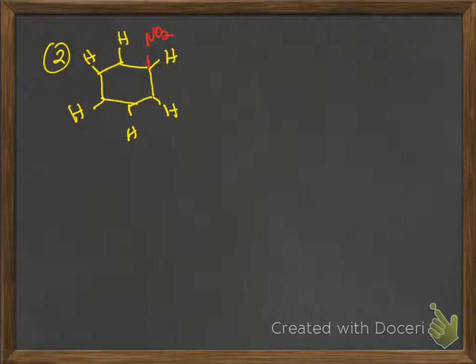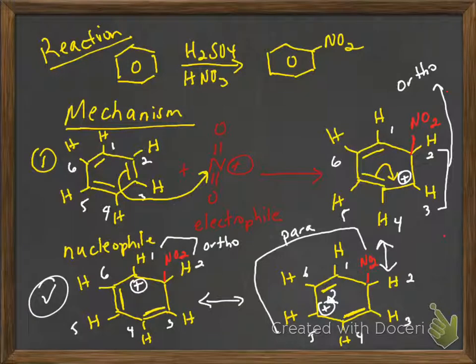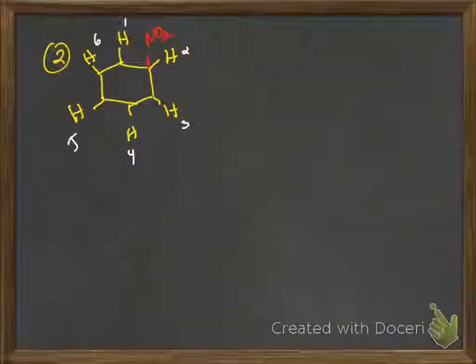And let me go back and just make sure. I'm going to number my carbons again to see if I've done it correctly. This was 1, 2, 3, 4, 5, and 6, but I'm going to go back and just make sure that I've done that right. So I have a double bond between 5 and 6 and 3 and 4.